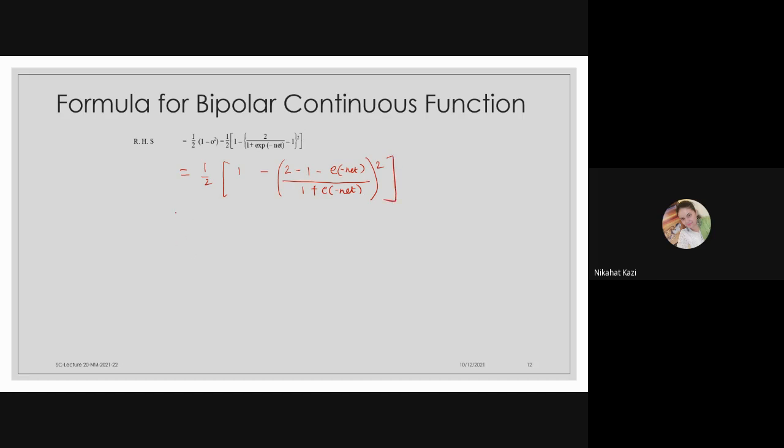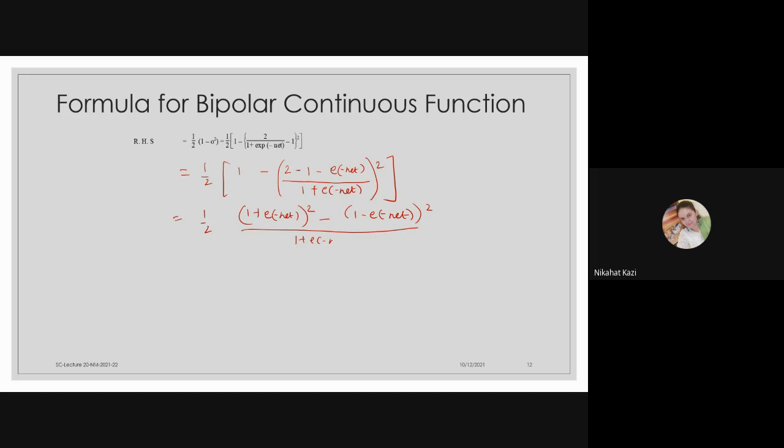Then what we can do is half 1 plus e raised to minus net, the whole square, minus 1 minus e raised to minus net. Now there are different ways of solving it. You can simplify it in your own way.